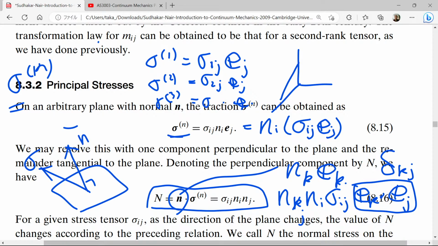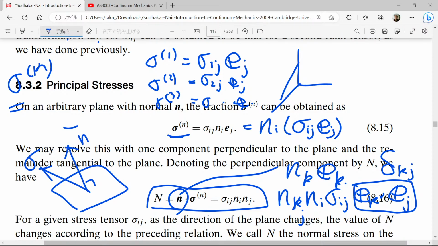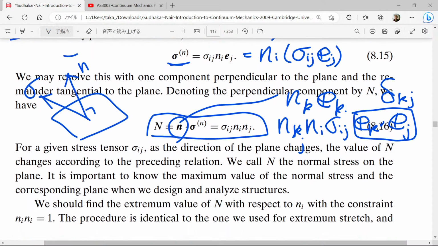For given stress tensor sigma ij, as the direction of the plane changes, the value of N changes according to the preceding relation.